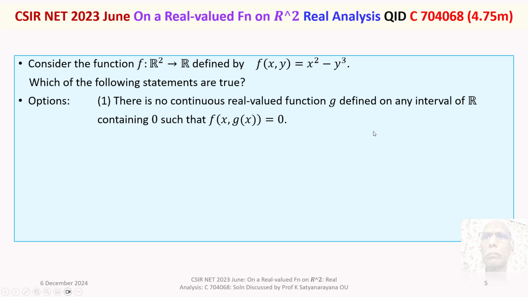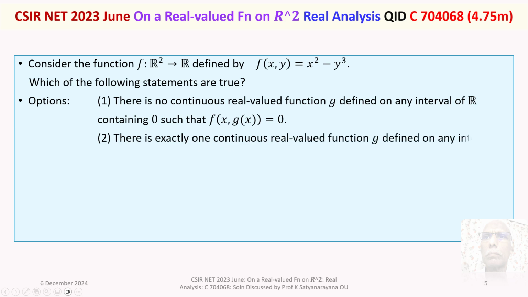Option 2. There is exactly one continuous real valued function g defined on any interval of R containing 0 such that f of x comma g of x is equal to 0. In option 3, it talks about differentiable function.